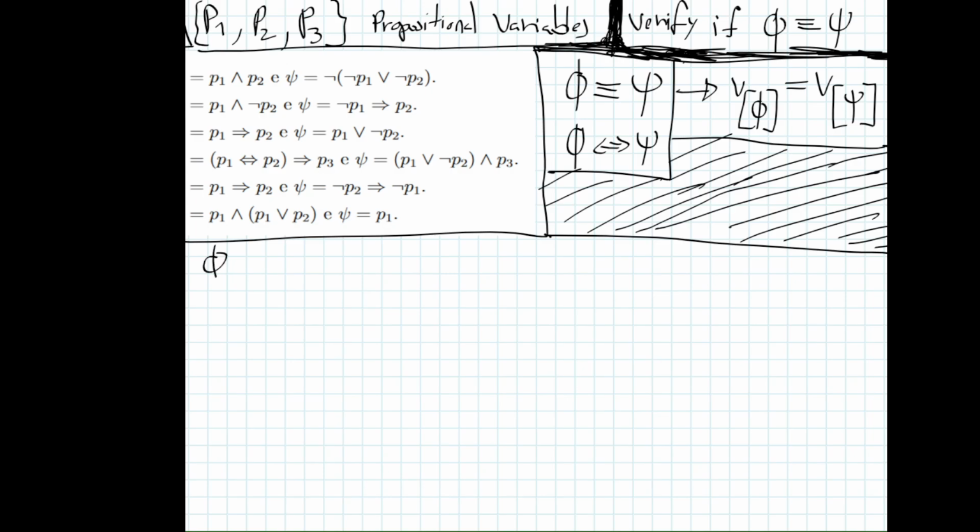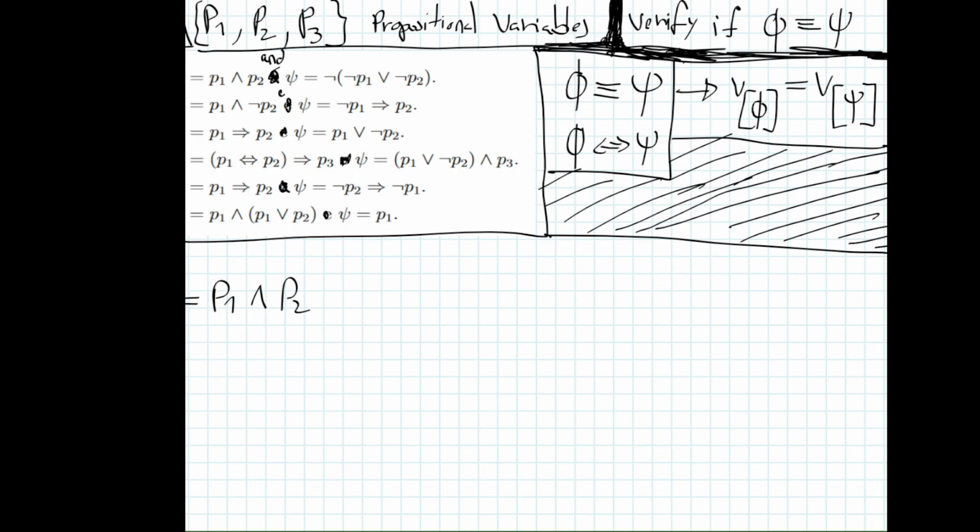We have phi equals P1 and P2. This symbol, in my language, means 'and'.